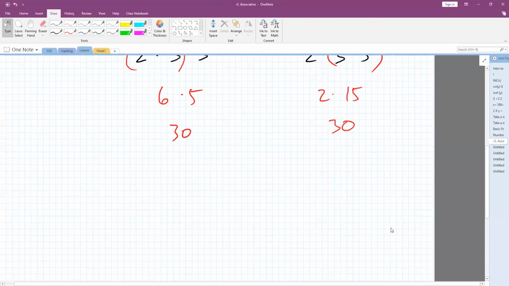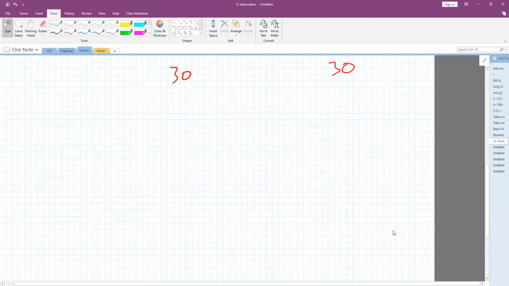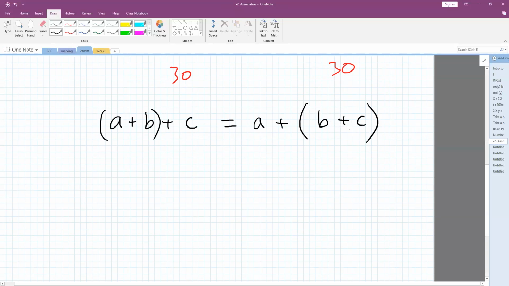So in other words, I can write down that the associative property, basically when you have A plus B plus C and you do the calculation for A and B first, equals when you do B plus C first.